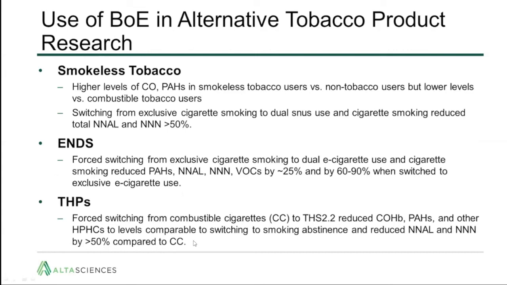When you looked at forced switching from combustible cigarettes to THS 2.2, reduced markers were also found compared to the combustible cigarettes. So there have been studies to show that using these alternative tobacco products can reduce some of these biomarkers of exposure.